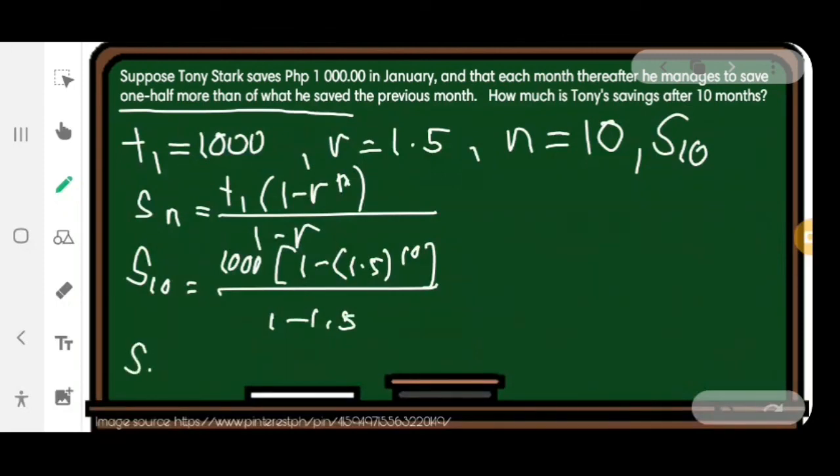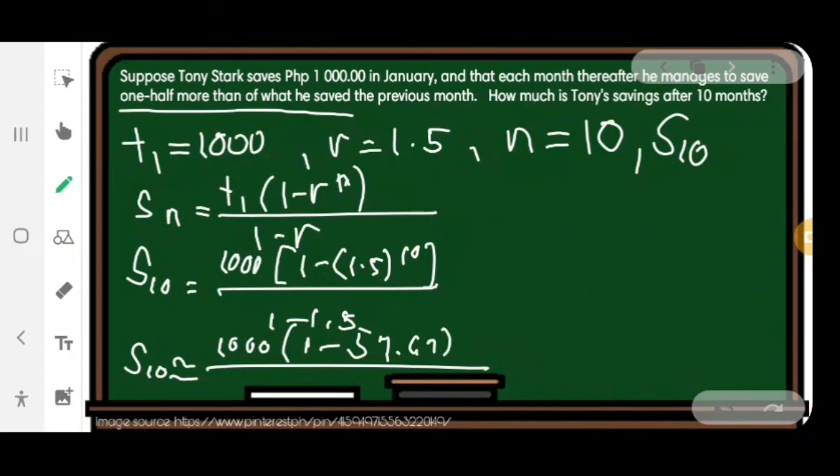So S sub 10 is equal to 1,000 times 1 minus 1.5 raised to 10, which is approximately 57.67, over 1 minus 1.5, which is negative 0.5.